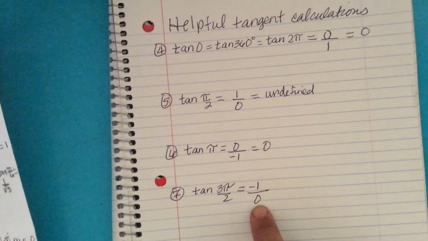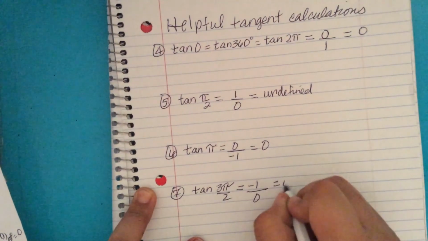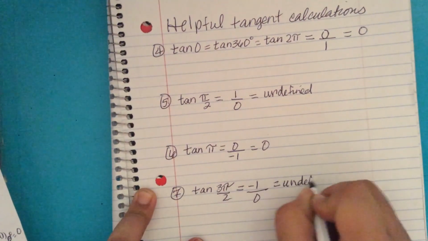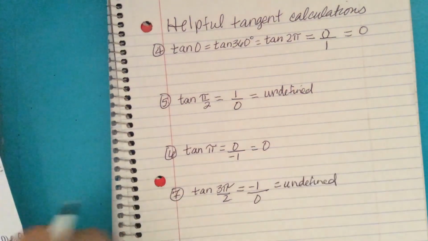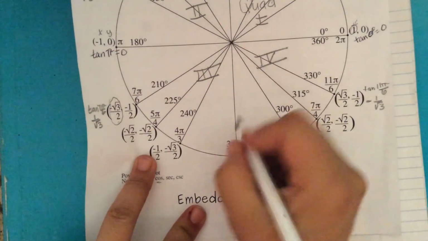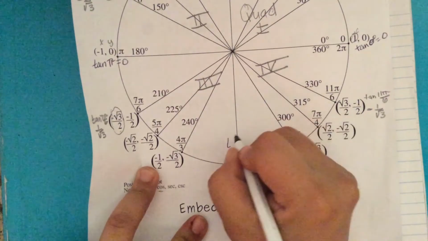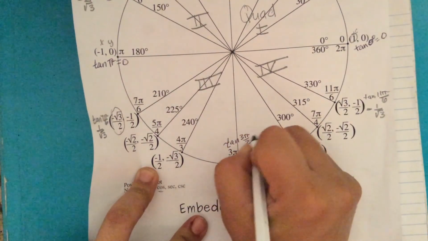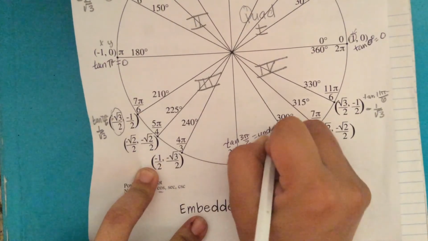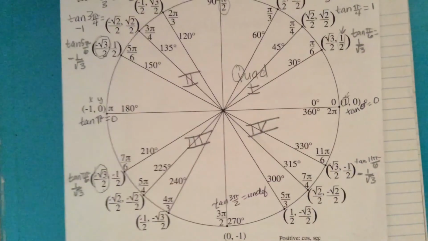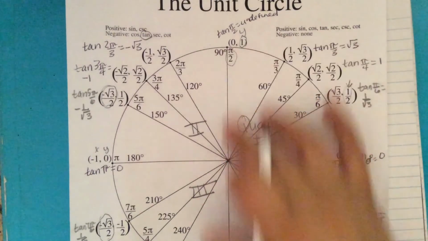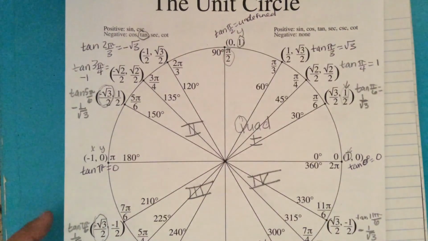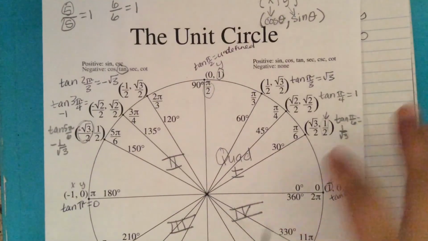Negative 1 over 0 is undefined. So the tangent of 3 pi over 2 is undefined. So the tangent is undefined on the y-axis. These are helpful things that you're going to be needing.